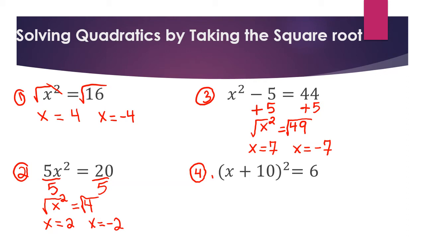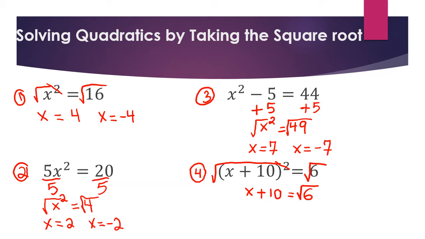That's why I'm going to take the square root first of both sides. Because now the square and the square root cancel each other, and I'm going to have whatever is in the parentheses free. x plus 10 equals radical 6.